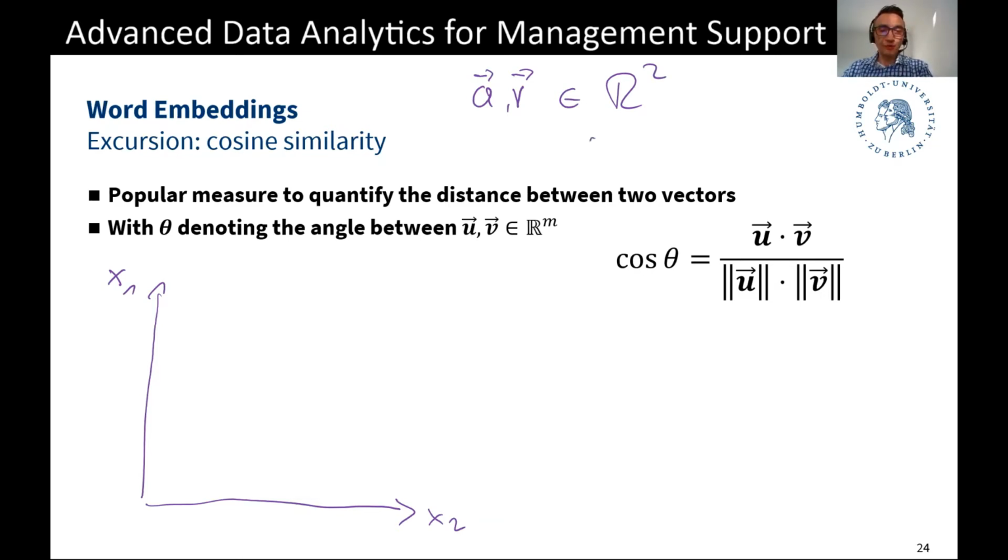And then u is just maybe 3 for x1 and maybe 5 for x2. That might be here. So that is u. And same for v. We also have v at some point in that space. Maybe v is somewhere here.